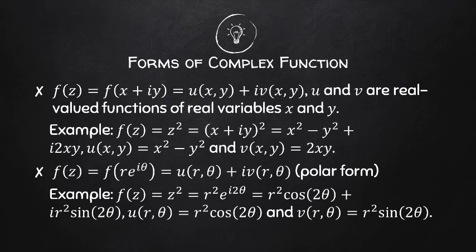The example is f(z) equals z squared equals r squared times e to the power i 2 theta equals r squared cos 2 theta plus i r squared sin 2 theta, with u(r, theta) equals r squared cos 2 theta and v(r, theta) equals r squared sin 2 theta.